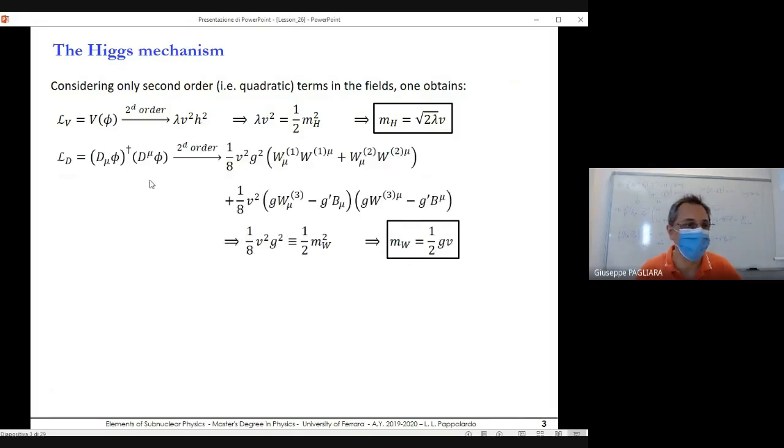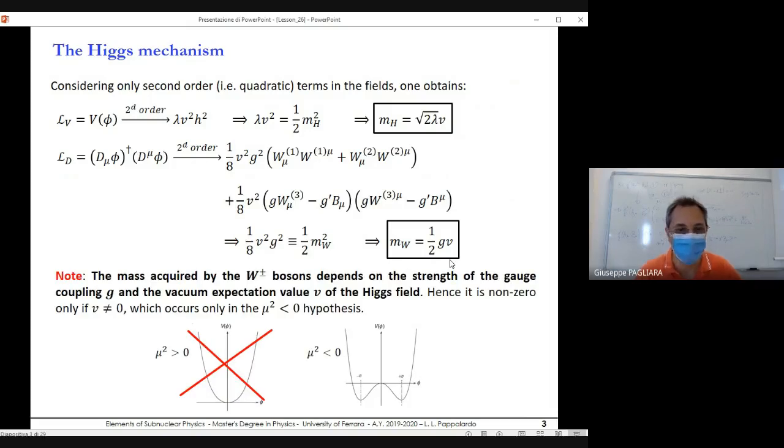From the derivative part of the Lagrangian we have pure terms for W1, W2, and mixed terms for W3 and B. But already from the first two, we can derive the mass of the W's, 1/2 g v. And as I was mentioning before on the blackboard, the mass acquired by the W boson depends on the strength of the gauge coupling g, but also on the vacuum expectation value of the Higgs field.